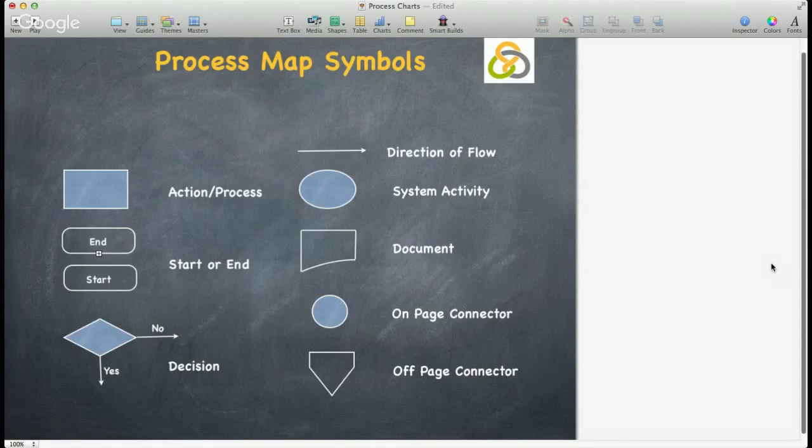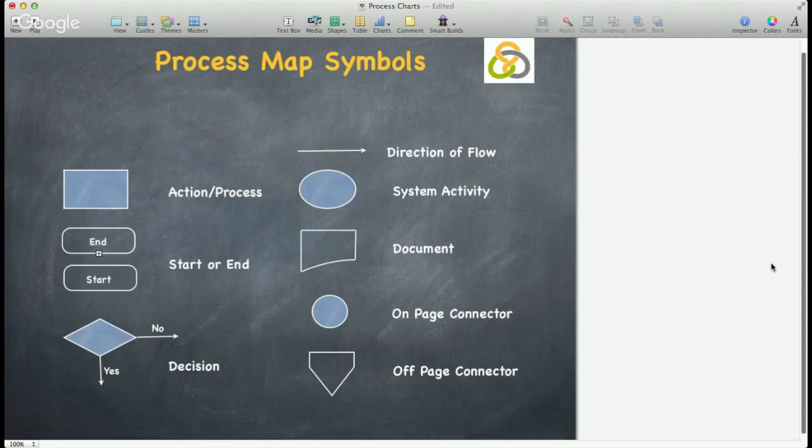The circle is an on-page connector. That means that something is not quite related to this particular process, but still has a relevance on this particular map.